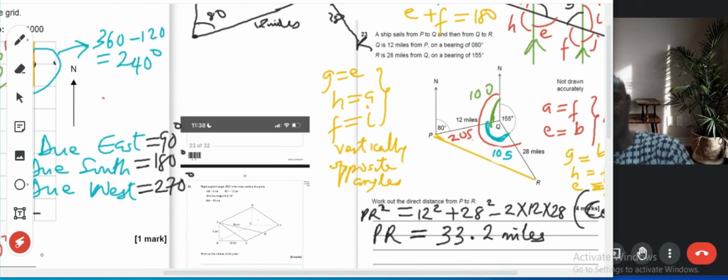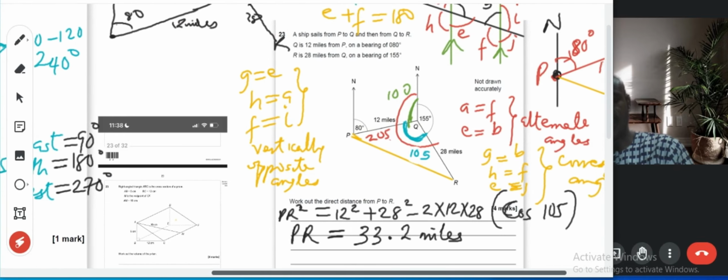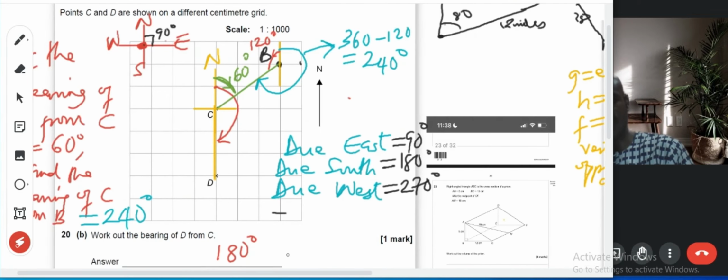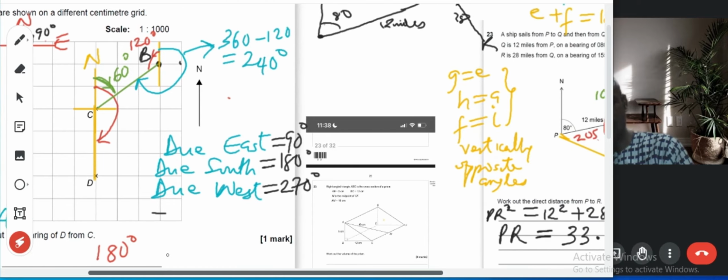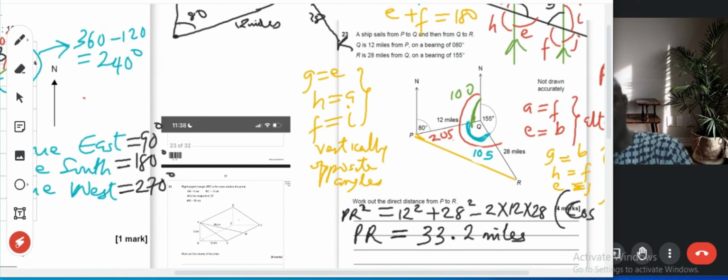Some other time it might require you to find the shortest distance.